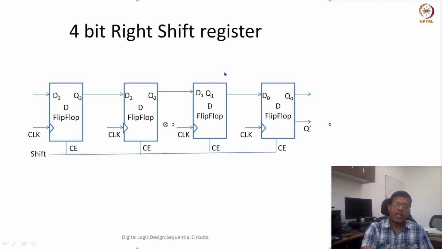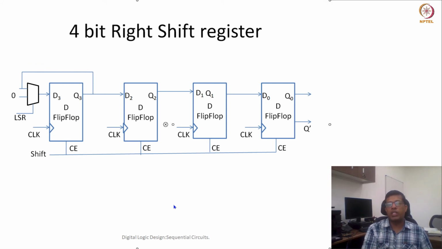Now given this kind of setup, can we use this as a regular shift register? I suppose yes. The only thing we have to make sure, to make arithmetic shift operations correct, is that whenever we are shifting, this Q3, because this is the most significant bit, can be given as an input to my most significant register bit.